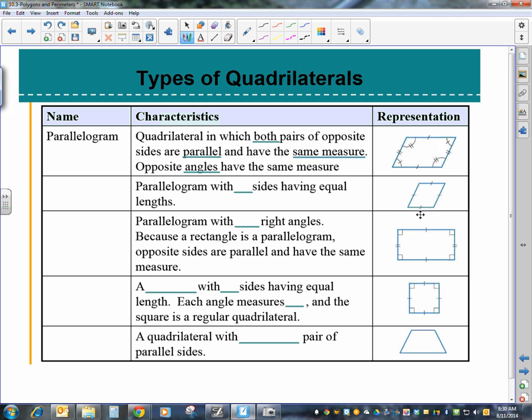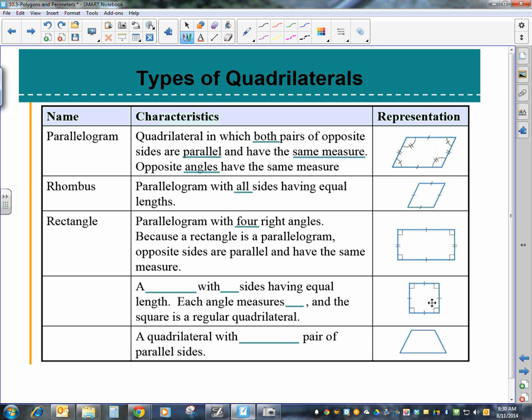Next, if our tick marks show that all four sides are equal, then it's called a rhombus. All sides have the same length. If we have not necessarily four equal sides, but four equal angles, then we have a rectangle. Four right angles form a rectangle.